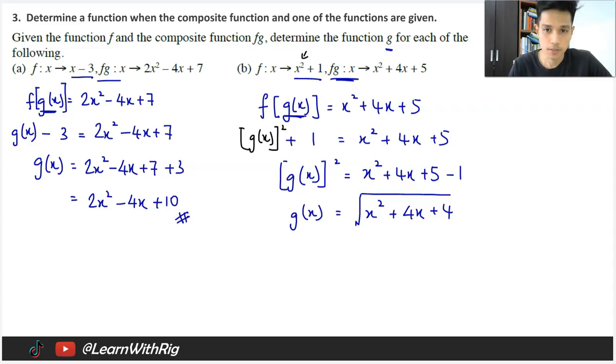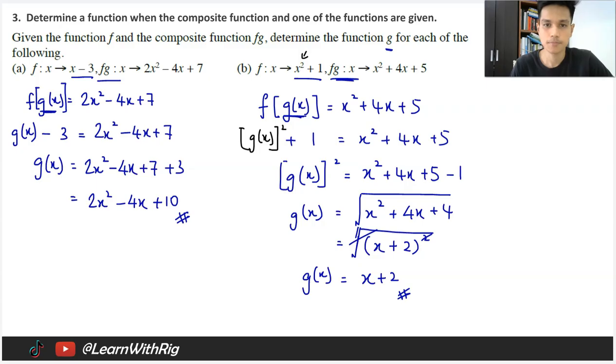When you factorize, you should get (x plus 2) squared. Because you get a square root and a square, you can cancel them and you should get x plus 2. So this is your g(x), right?